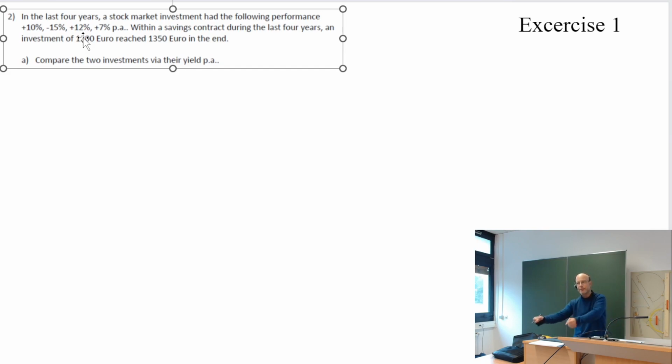Within 4 years, I'm investing 1,200, and after 4 years, I have 1,350. What is then the interest paid per annum, per year?